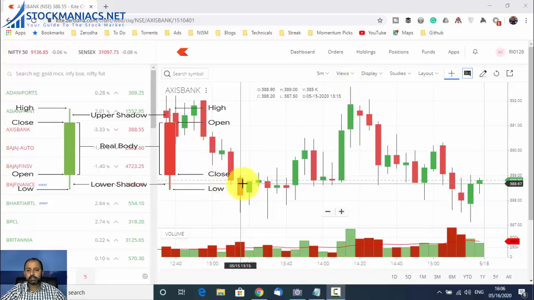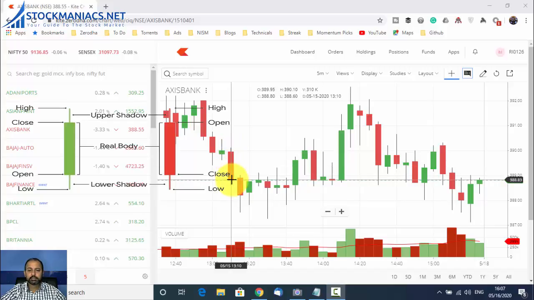And now we will find out what a bearish candlestick is. Suppose this is a bearish candlestick. Axis Bank opened here, then it made a high over here, then it made a low over here, and finally the price closed over here. So this is how a bearish candlestick looks. How to identify a bearish candlestick? You can see the open is higher than the close.